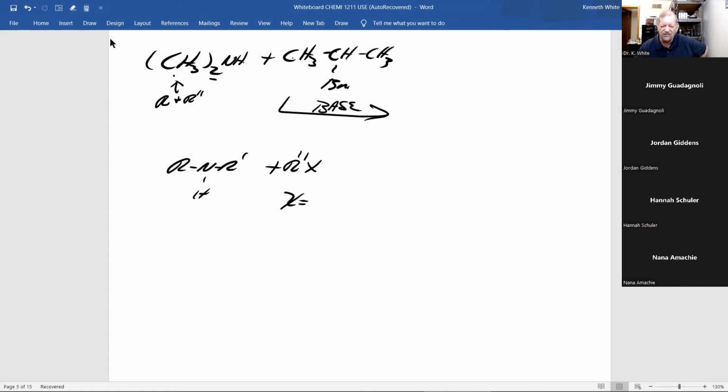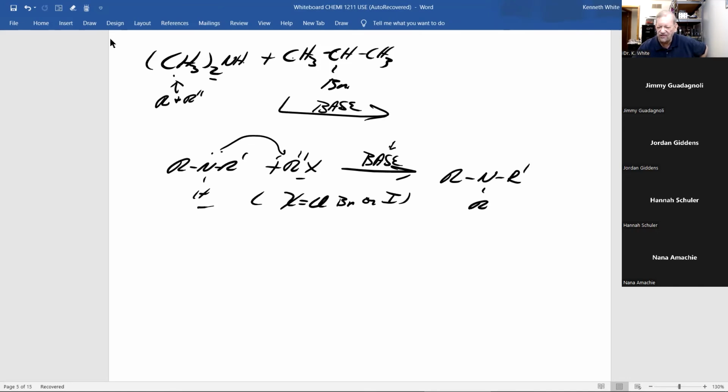And remember, X can be chlorine, bromine, or iodine. And in the presence of base, you get nucleophilic attack, lose HX, which is neutralized by the base, and you get a tertiary amine.